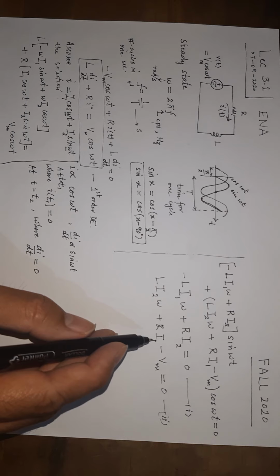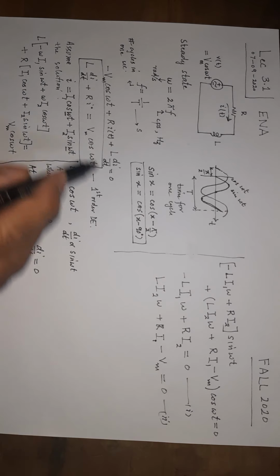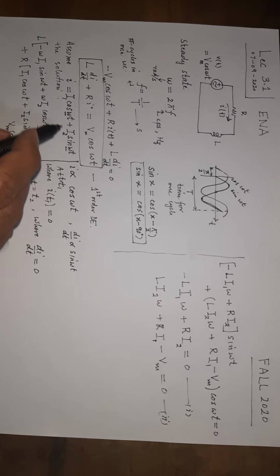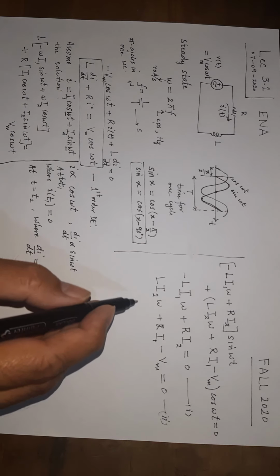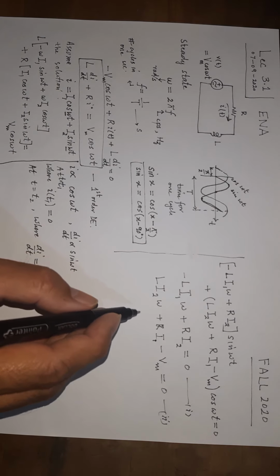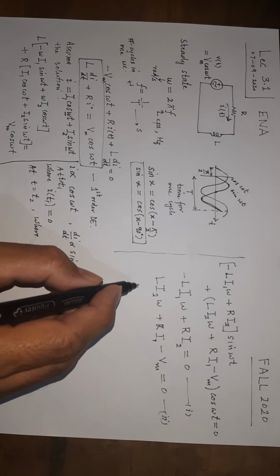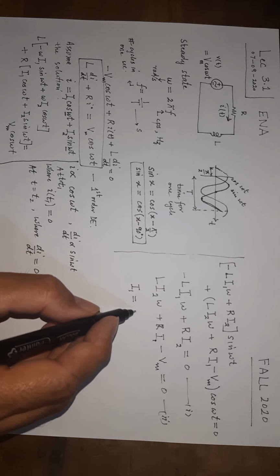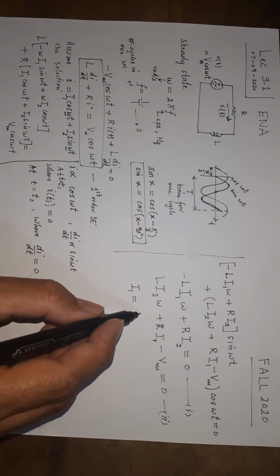What are the two unknowns here? I1 and I2, because these are part of the assumed solution. And in fact, finding I1 and I2 is what we are looking at, because we know omega already. So nothing else is unknown. So solving these two equations, I leave this as an exercise to you, just like the book does. And I think it's pretty easy.